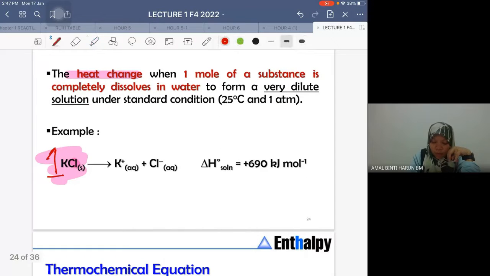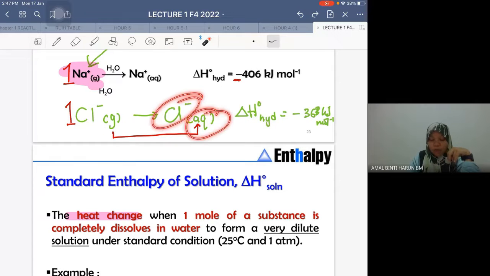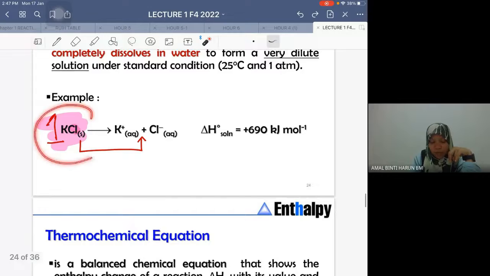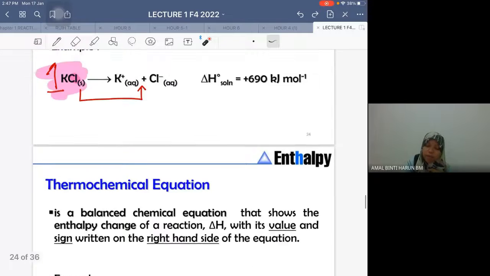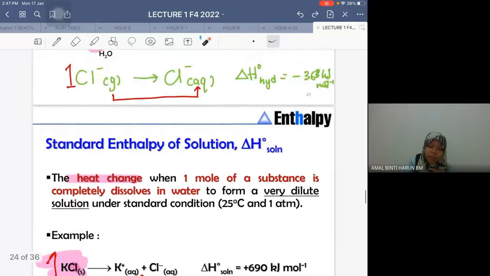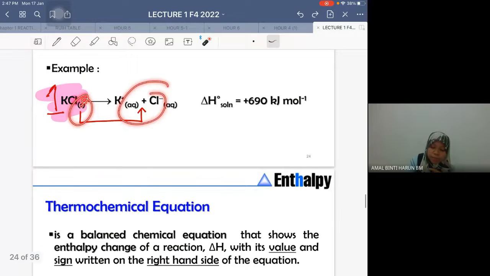Perbezaan dia, kalau ini solid to aqueous ataupun gas to aqueous. Tapi kalau yang ni is ion, okay, dia mestilah ion, lepas tu gas, lepas tu jadi ion juga tapi aqueous. Yang ni tak kisah. Yang penting 1 mole. Bila larut dalam air, dia akan jadi aqueous. Okay. So paling saya nak simplify, saya buatlah ini gas to aqueous, this one solid to aqueous.